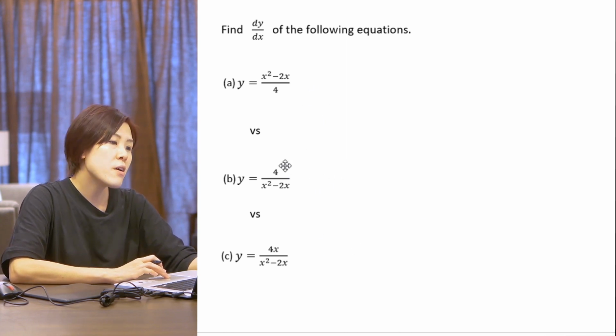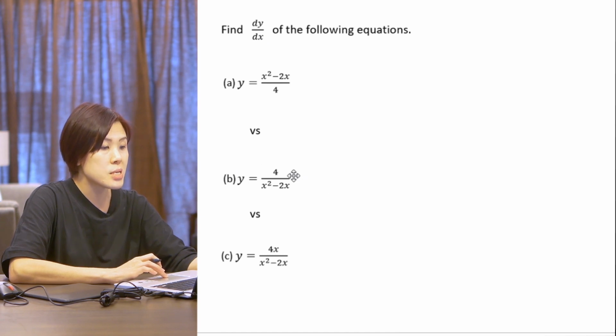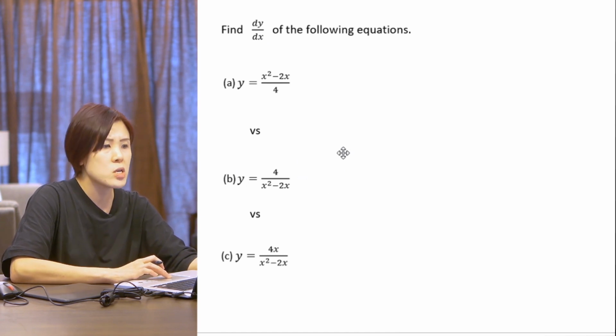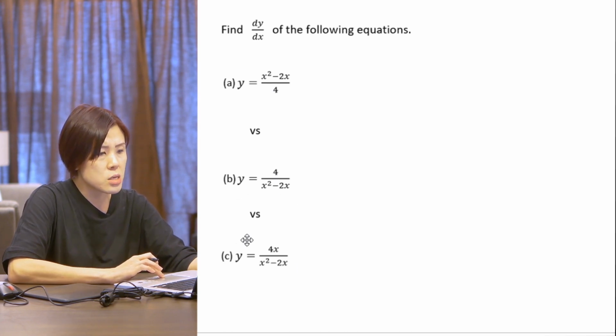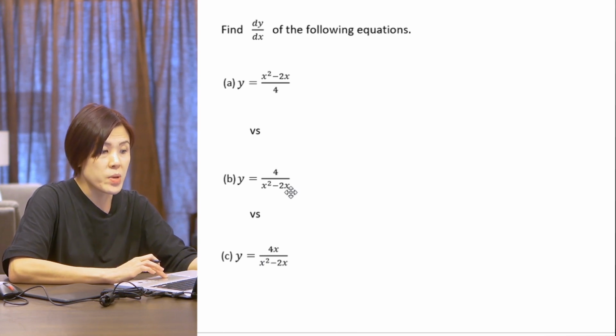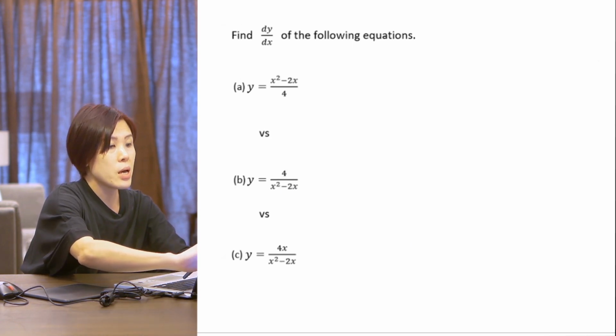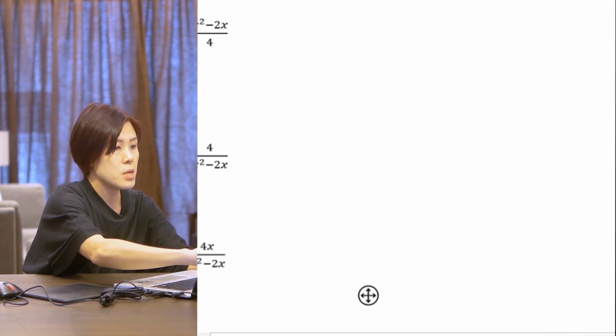If you compare the first and the second equations, the second equation is actually the reciprocal of the first, where the denominator 4 has become the numerator, and the numerator x squared minus 2x has become the denominator. And if you look at the third equation, comparing with the second, you can see that the numerator 4 has become 4x.